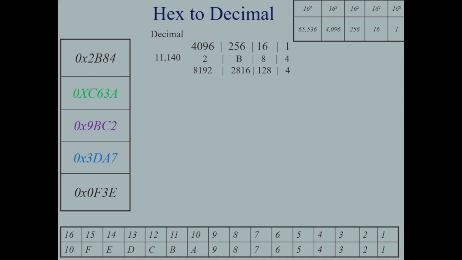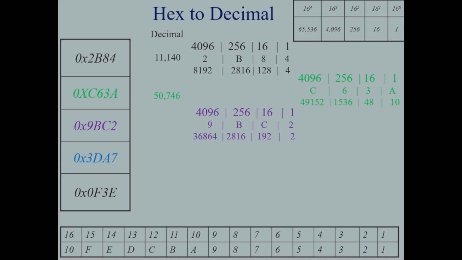Okay, let's take a look at the answers. So here is the next one, C63A. If you add those numbers up, it's 50,746. The next one, right? Convert each nibble to a decimal. Add those up. It's 39,874.